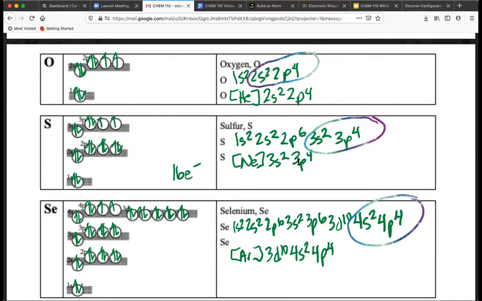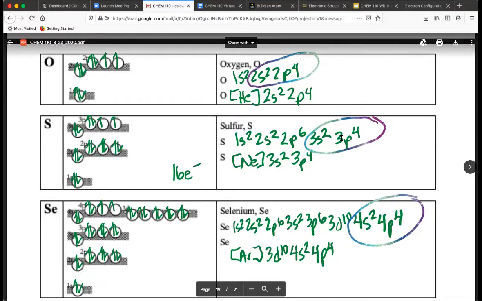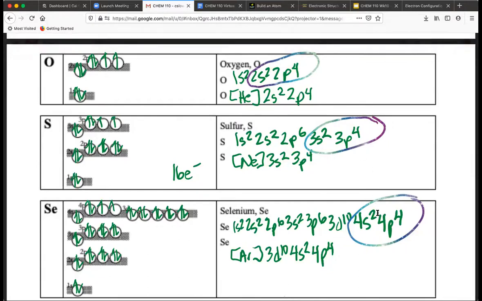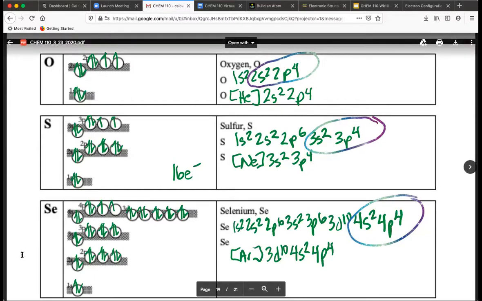So 3s2, 3p4 is what gets me up to sulfur. I think this is a really great example of the reason why we care about electron configurations, because oxygen, sulfur, and selenium are all going to behave very similarly because of the number of valence electrons that they have. Okay.